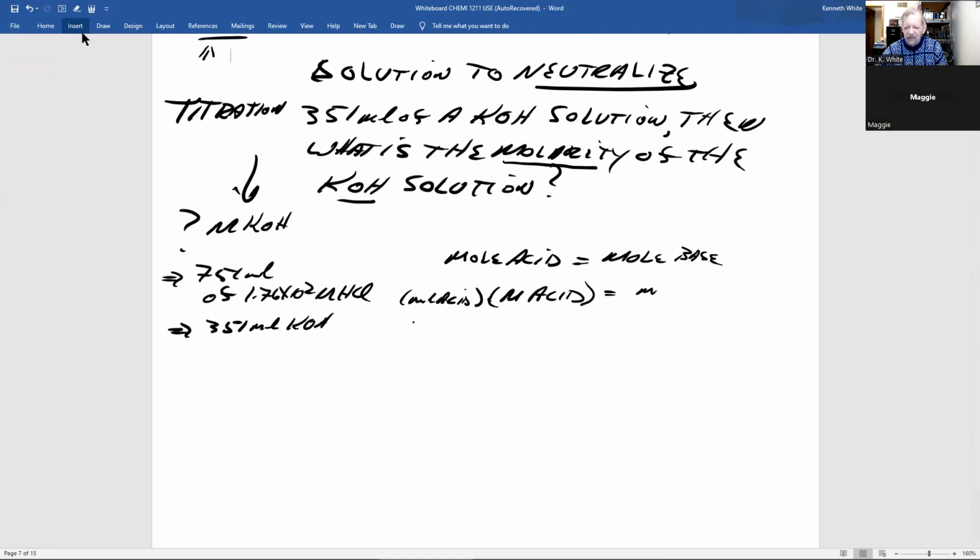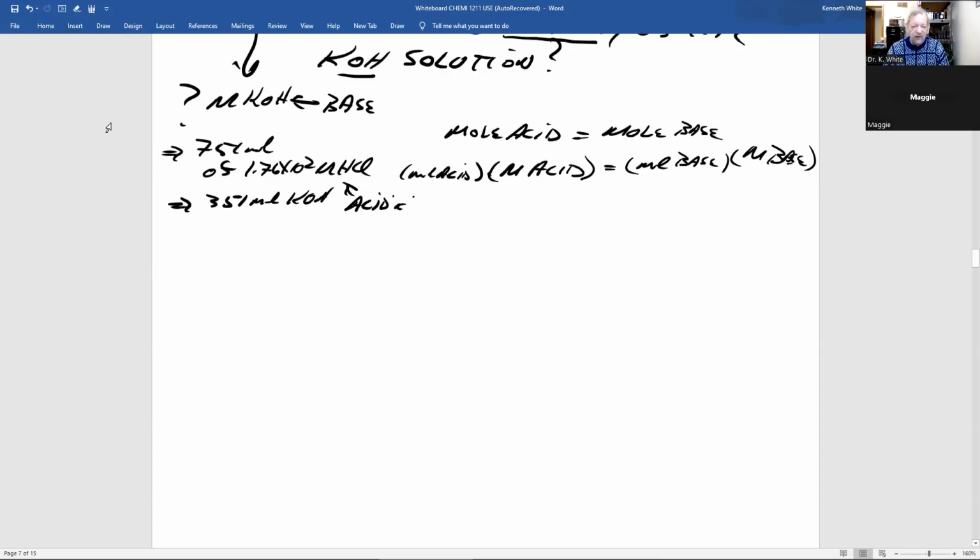Equals milliliters of base times molarity of base. KOH, you should know, is a base. HCl, hydrochloric acid, that's in your stomach, that makes the pH of your stomach low, but we're doing a titration as that.